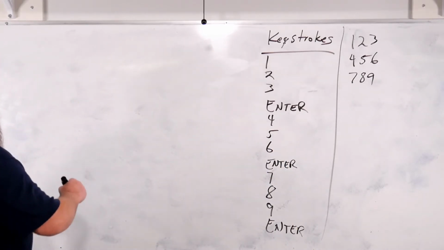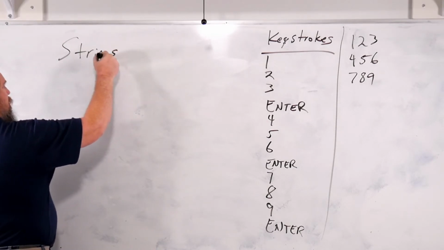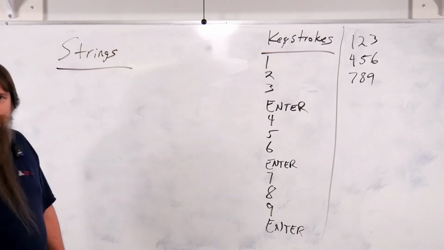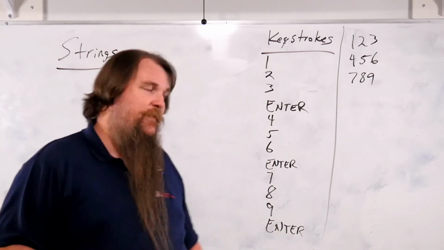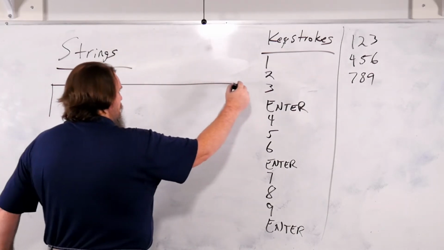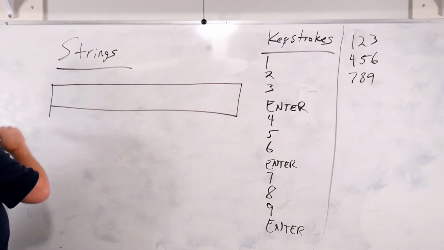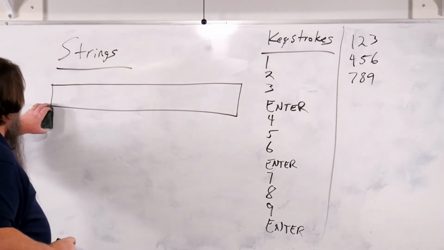When we think about a string, remember that I told you that a string is basically an array variable. It's a line of boxes that contain values. And each of these values contains a special magic number.